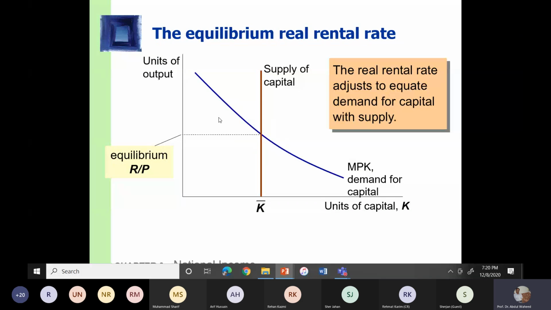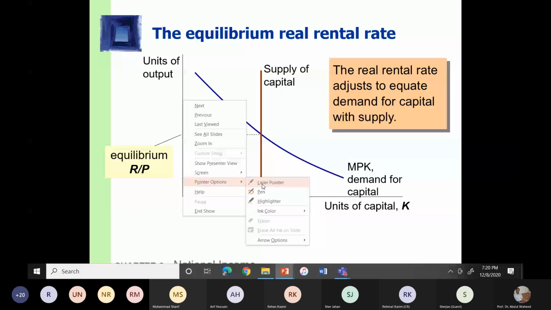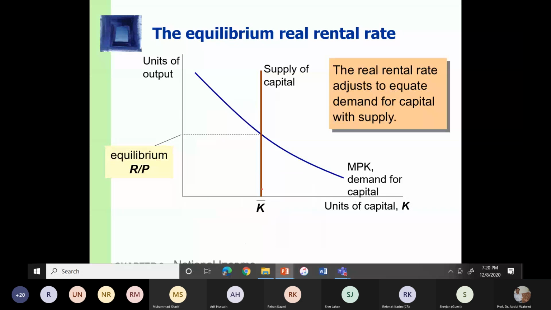Now, suppose the rental rate is here, and this is R. If this is the rental rate, then this is the demand for capital and this is the supply of capital.